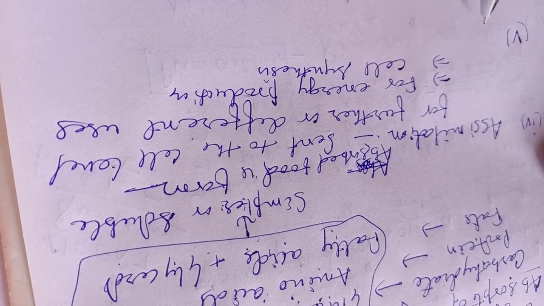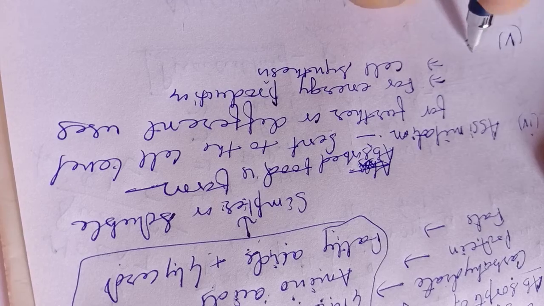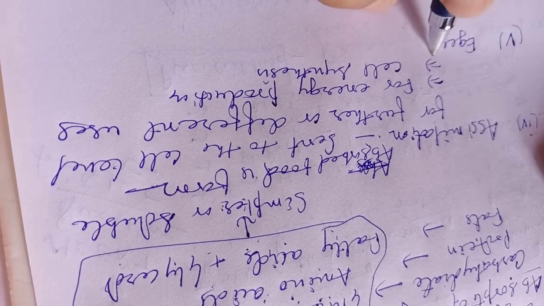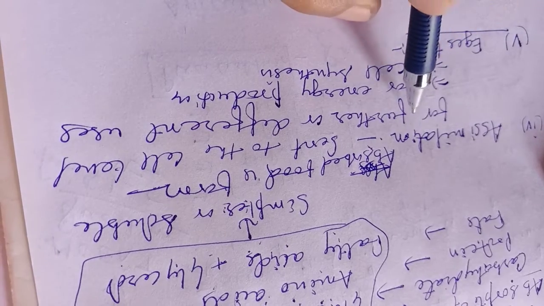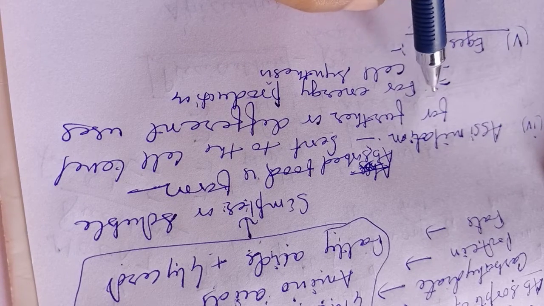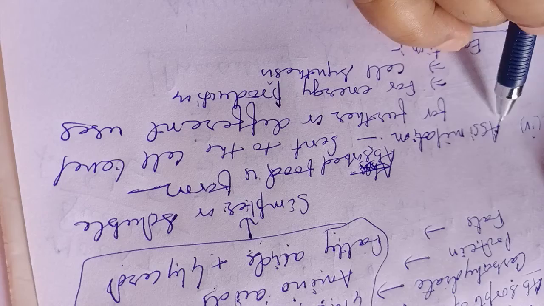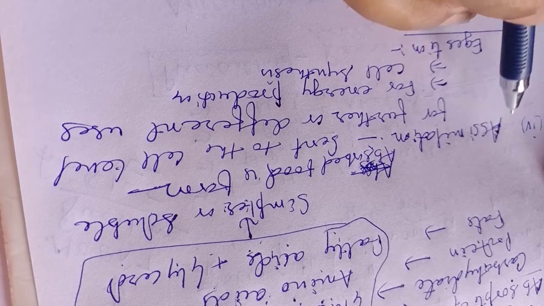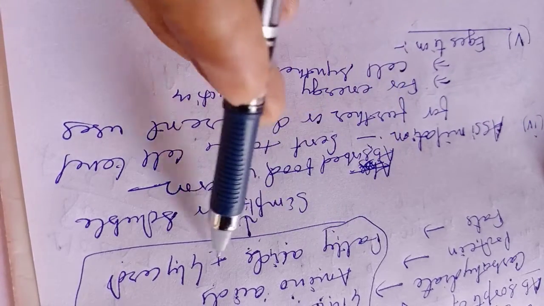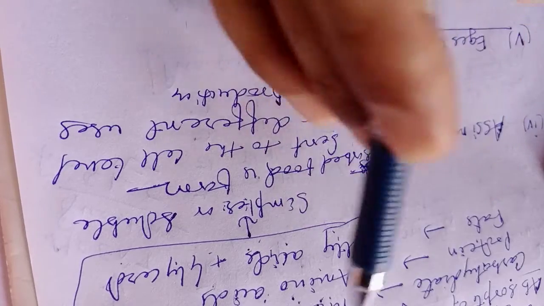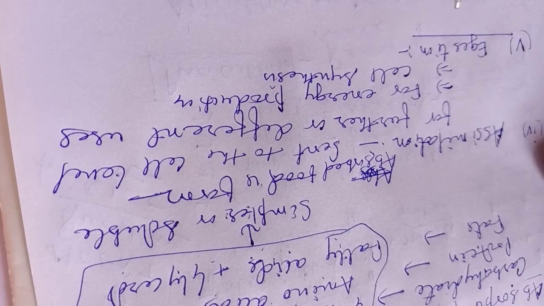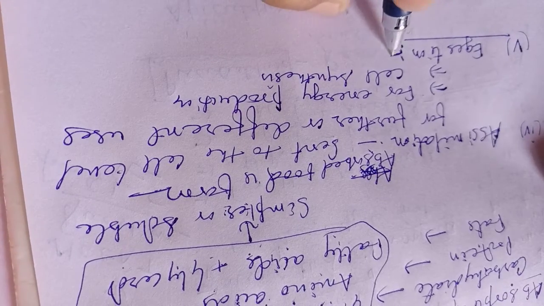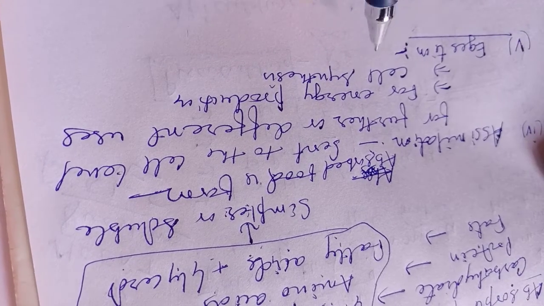Now the fifth or the last step in animal nutrition is egestion. Whatever we take as food, all of it is not utilized. Glucose, amino acid, fatty acid, glycerol and minerals are used by our body, and the rest is removed as undigested food material.